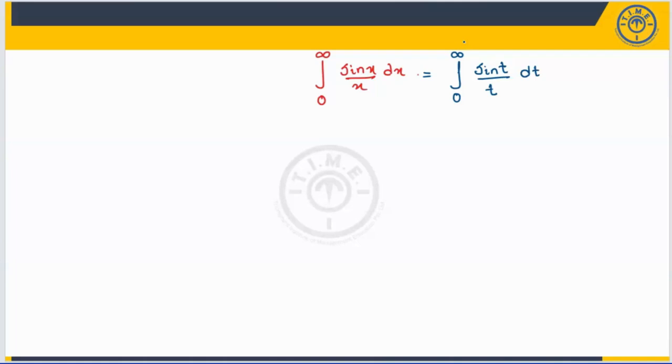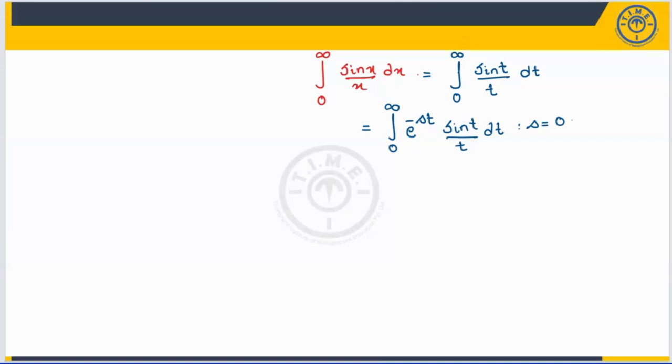It is the same, only the variable is changed. Now, I'll write it as the integral from 0 to infinity of e to the power minus st sin t by t dt, where I'll make s equal to 0. If I substitute s equal to 0, e to the power 0 is 1, so the integral is not changed.